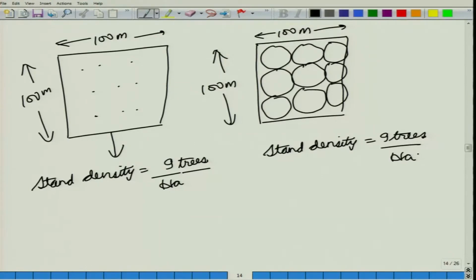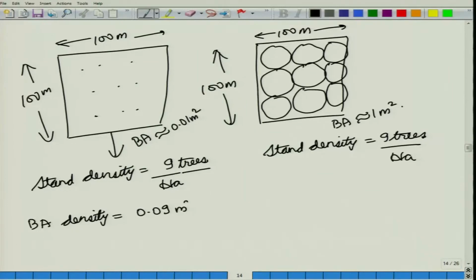But in the first case, because these trees are very small in diameter, let us consider that the basal area per tree is approximately equal to 0.01 square meters, and here the basal area is close to 1 square meter. So, we will have the basal area density given by the stand density multiplied by the average basal area, which will be 0.09 square meters per hectare. But in this case the basal area density is equal to 9 square meters per hectare.